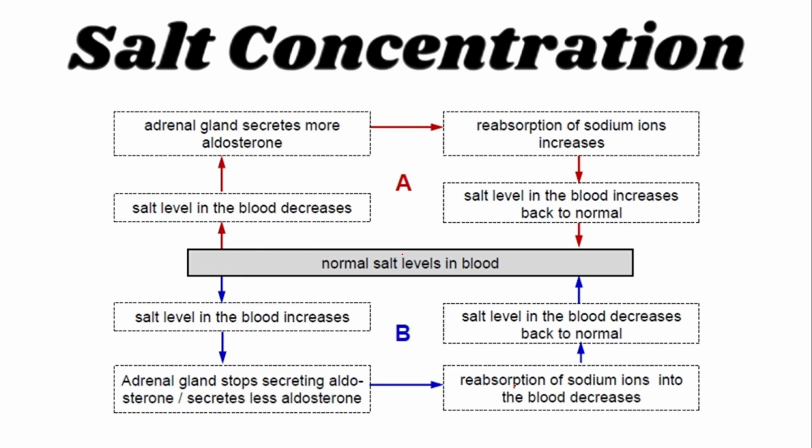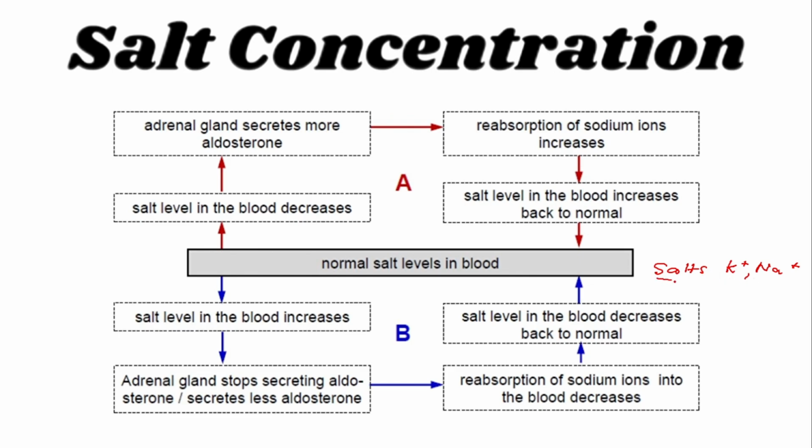Now very important, salts, okay, and there are many types of salts. We have salts like potassium ions, okay, we have salts like sodium ions, and we have lots of ions. So the ones that we are focusing on are basically potassium and sodium.